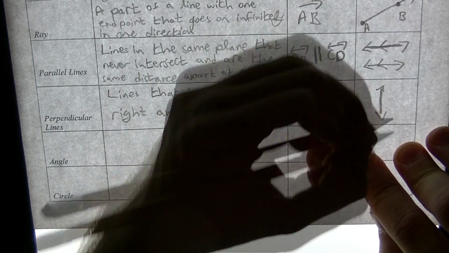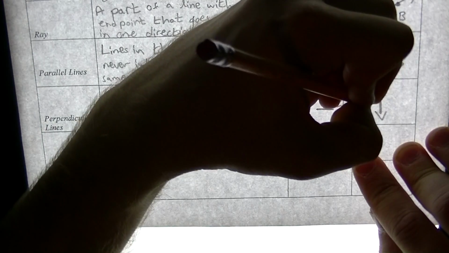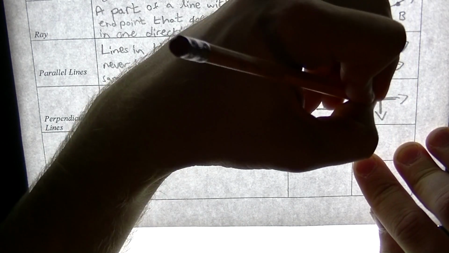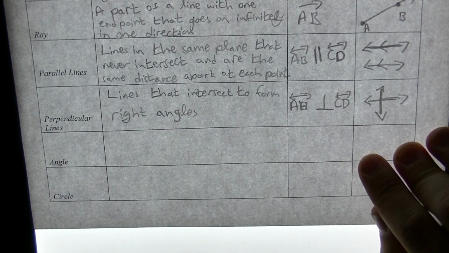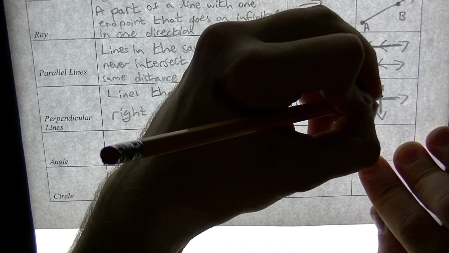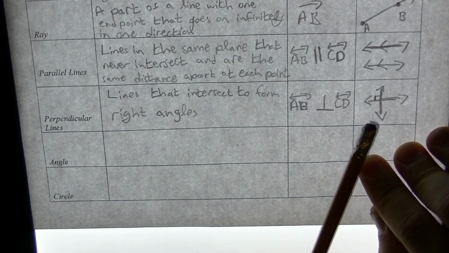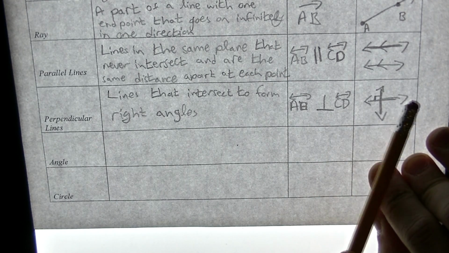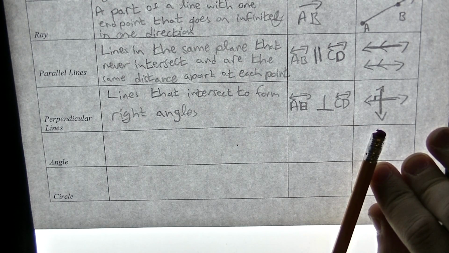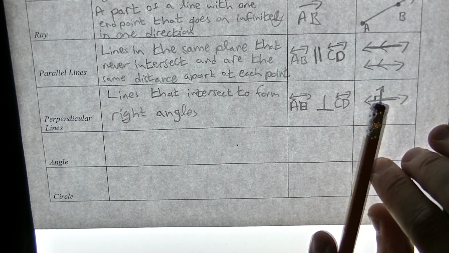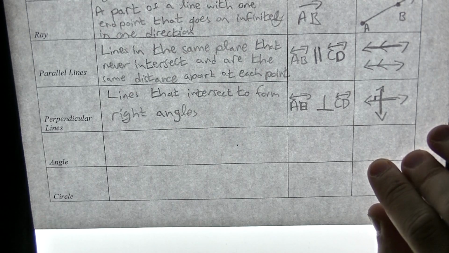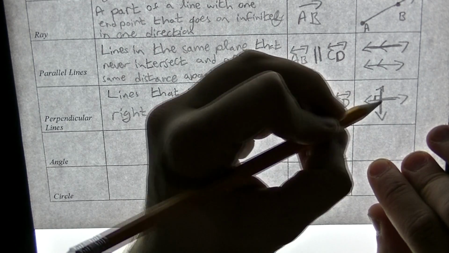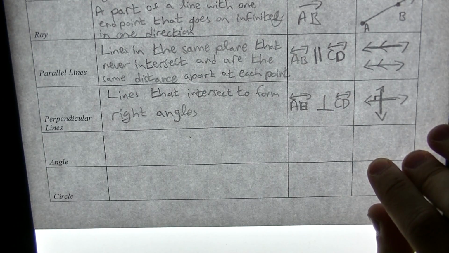I've got a line going vertically, a line going horizontally, and to show that they are perpendicular, I'll put a little box in the corner here that shows that they're forming a right angle, and these lines are perpendicular. So if they cut each other, not exactly in the middle, but just kind of like how you have a floor and a ceiling, where it kind of goes vertical against horizontal.